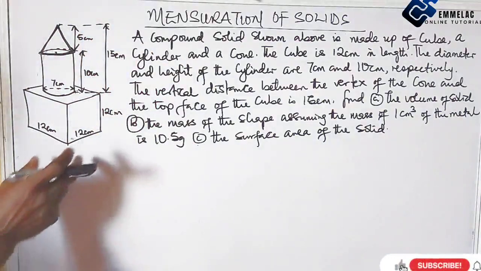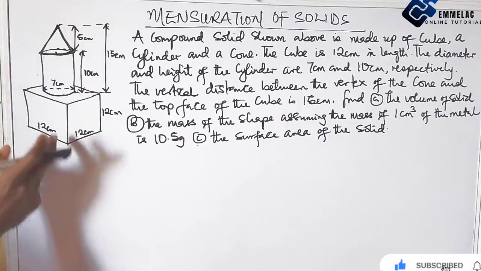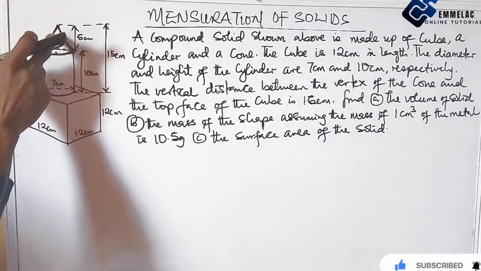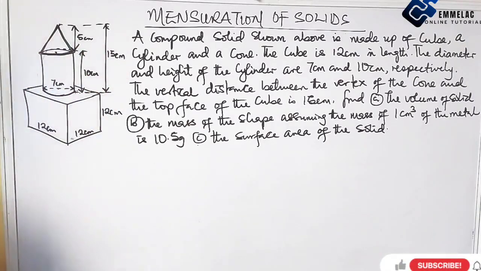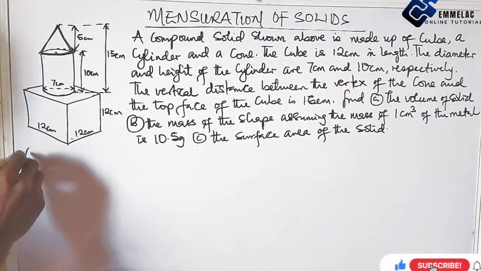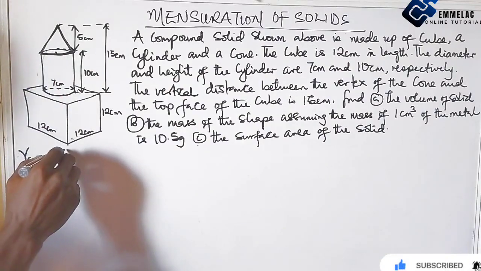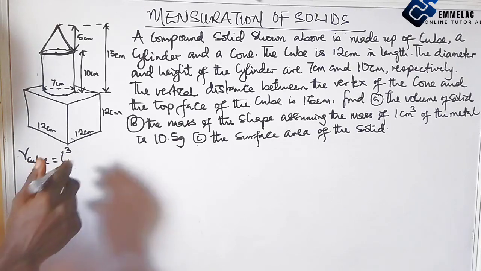For us to calculate the volume of the solid, what we need to do is to calculate the volume of the individual shapes. Here is a cone, a cylinder, and a cube. Let's start with the cube. The volume of the cube is the length raised to power 3.